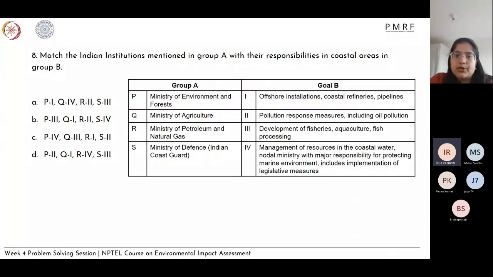So you need to match Group A with Group B. Another keynote here for your examinations: agencies and their roles are also important. So you need to remember the roles and the responsibilities of agencies and what they do in the various parameters of the environment which we discuss.